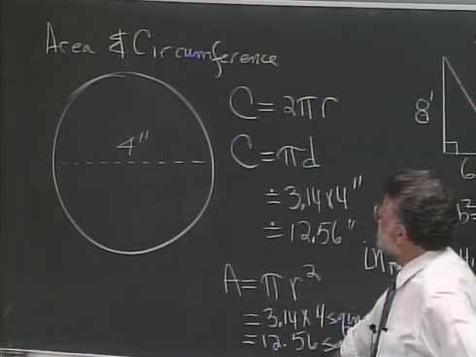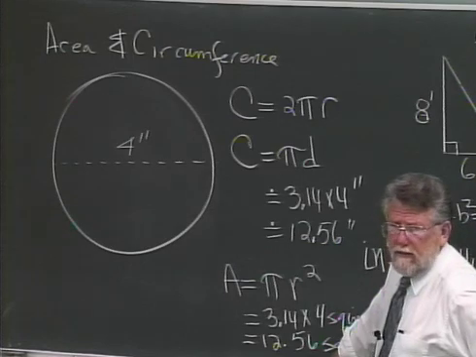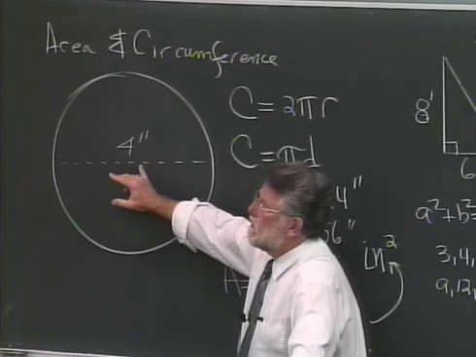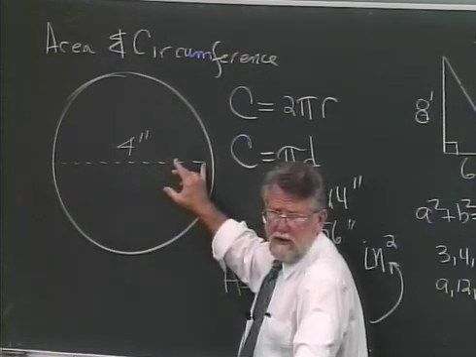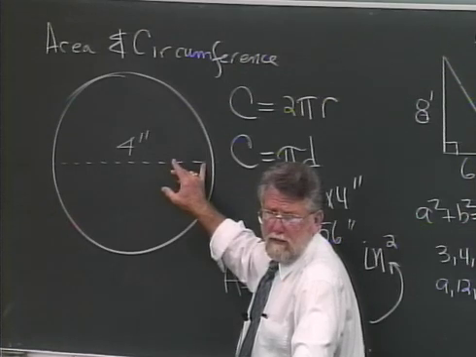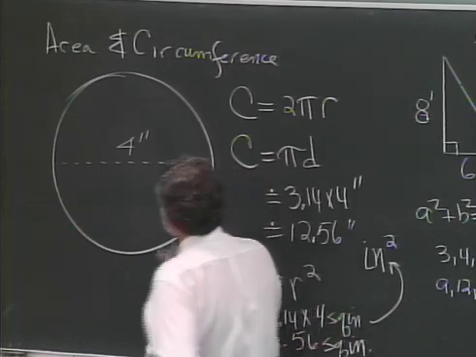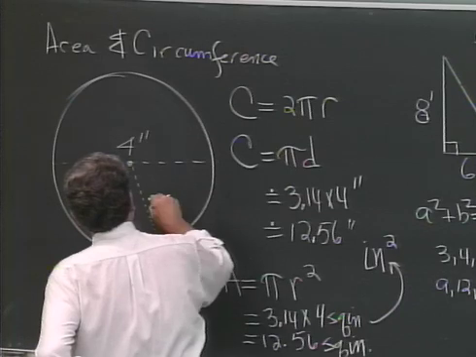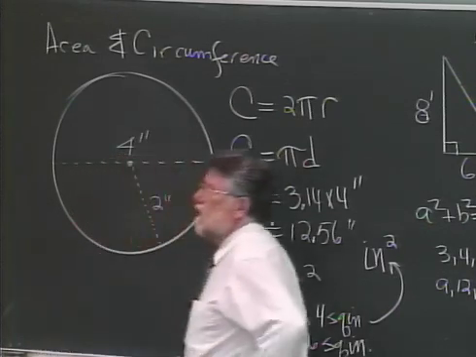The 2 times r is d. The distance from the center to the outside is 2 inches. 2 times r is 4. So you never have to use the 2 then? Here's your 2 inches, correct?